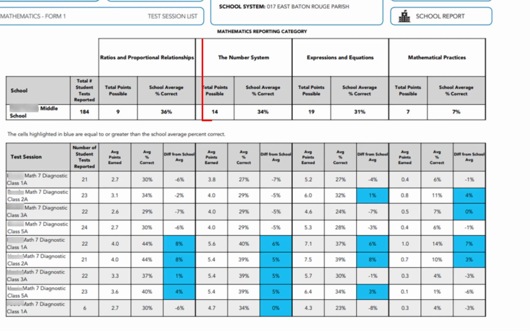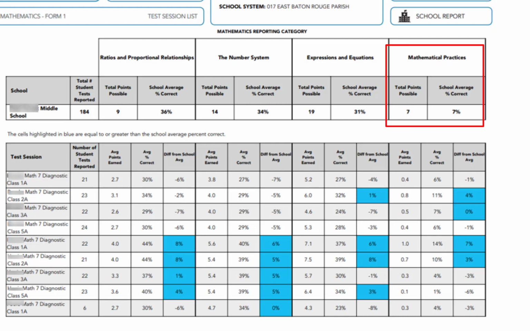For the number system, the total points possible was 14. The school average was 34%. For expressions and equations, the total points possible is 19. The school average is 31%. And then mathematical practices, remember, that's the one that the teacher scored.